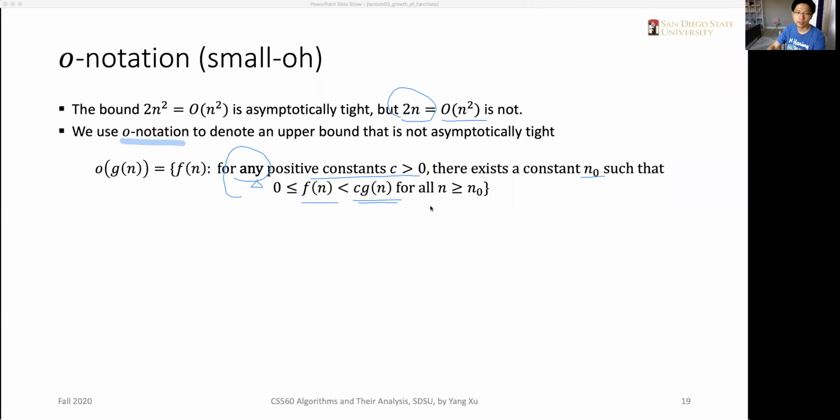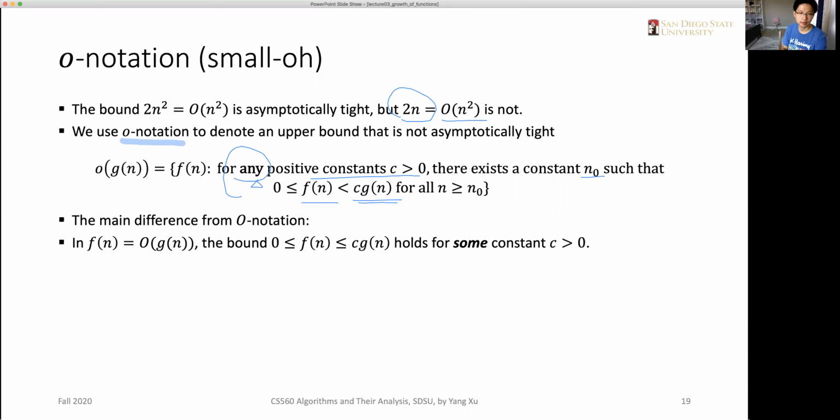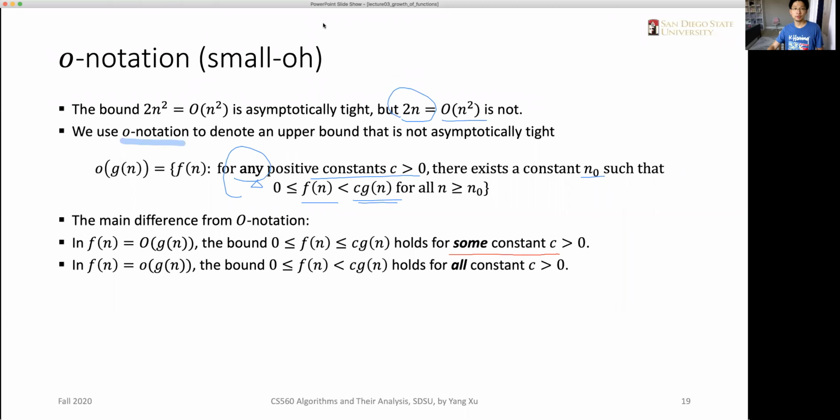We're not going to prove it using concrete examples. We just want to compare it with the big O notation. Big O says g of n is the upper bound for some constants, so we just need to find some constant that makes the inequality hold. But for the small o, we need to show that the inequality holds for all the constants, which is a very strong condition.